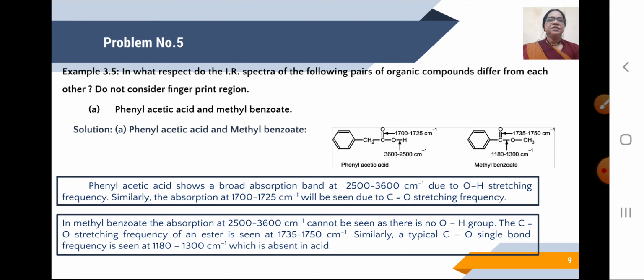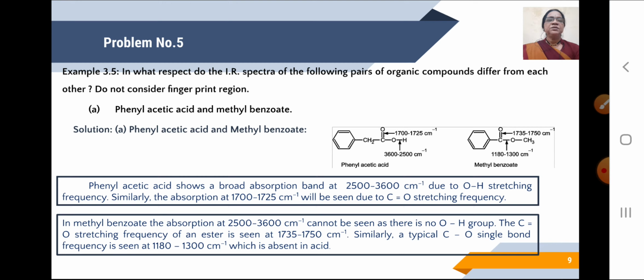Phenylacetic acid shows a broad absorption band at 2500 to 3600 per centimeter due to the OH stretching. Similarly, the absorption at 1700 to 1725 per centimeter will be seen due to the CO stretching frequency. But in the case of methyl benzoate, the absorption at 2500 to 3600 per centimeter cannot be seen as there is no OH group.